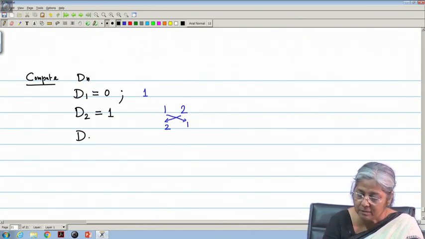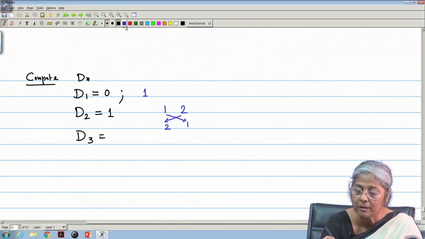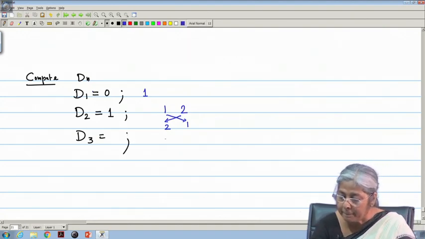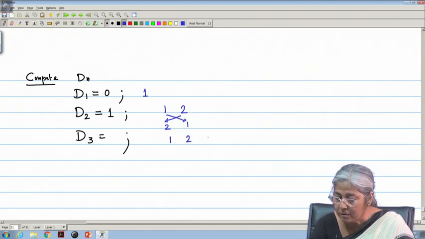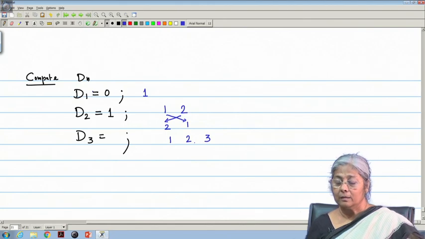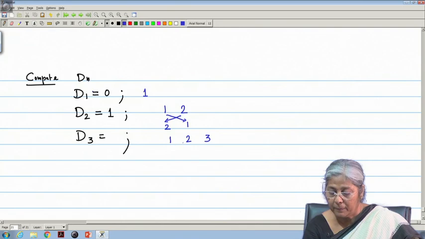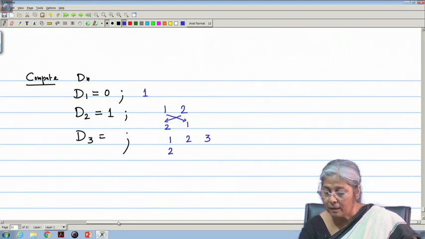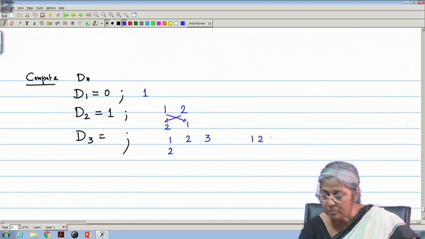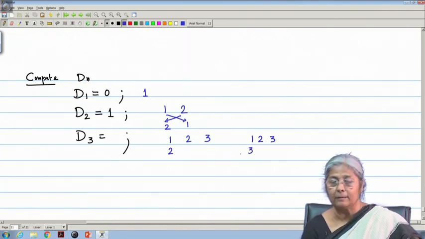Then what is D3? This time I have 3 elements, 1 to 3. Let us see how many are possible. In place of 1, either 2 can come, or 3 can come.